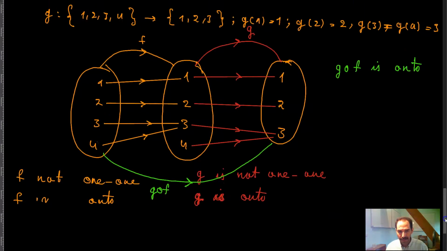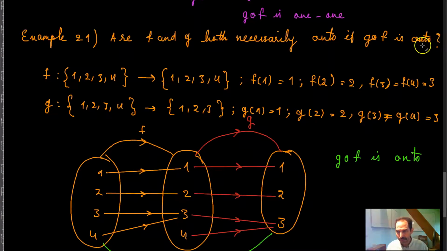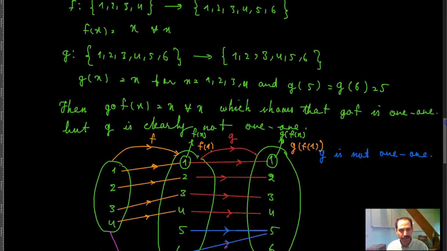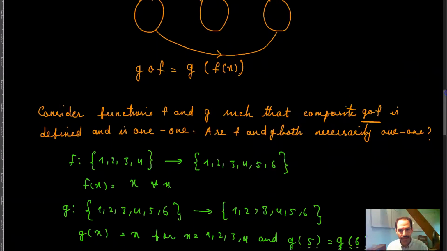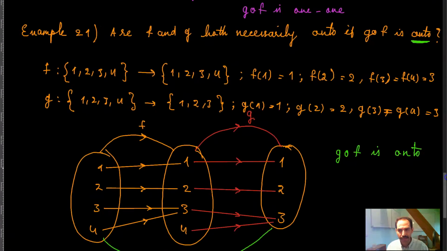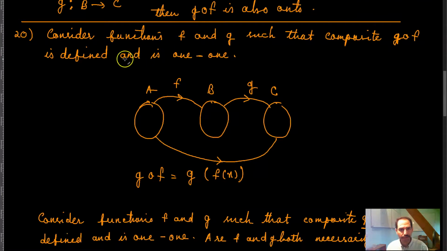So here, this exercise was about being onto, and this was about being 1, 1, number 20.